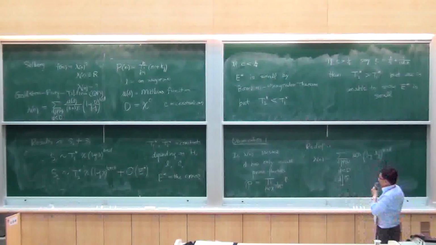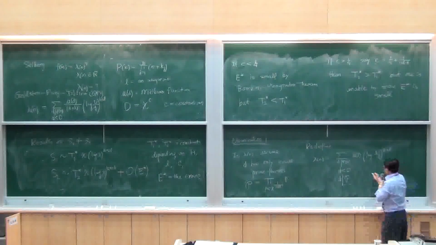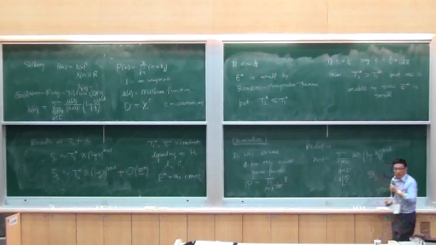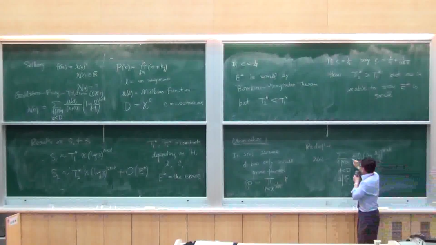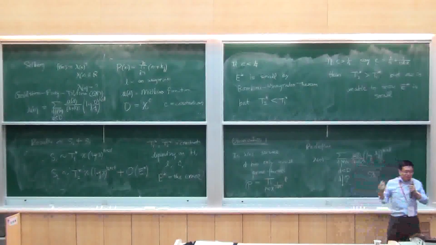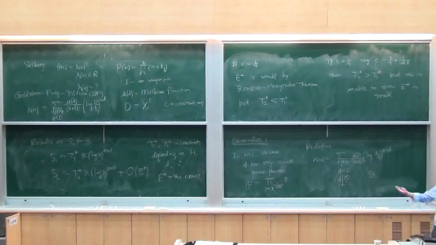Oh yeah, thank you, I forgot. This is the constant factor, to normalize the form.